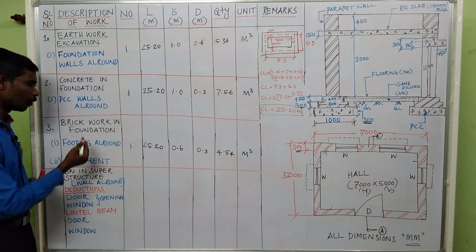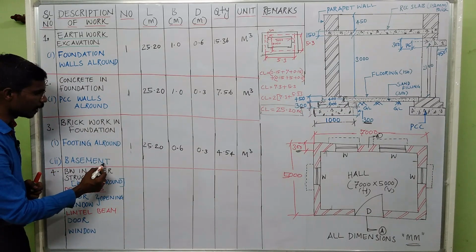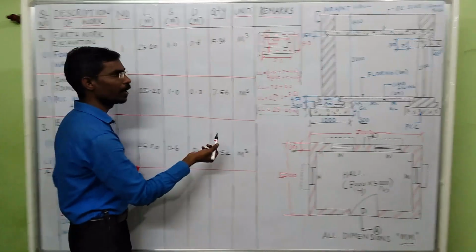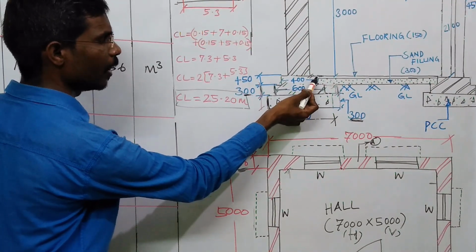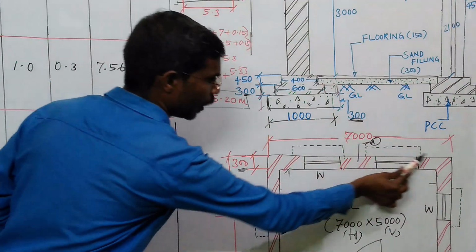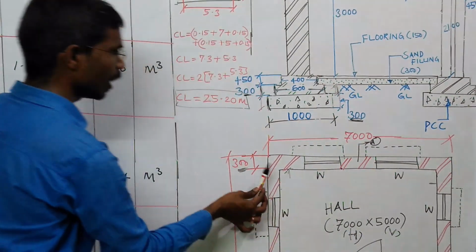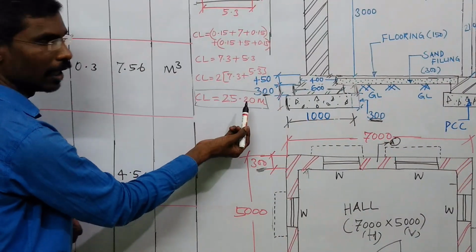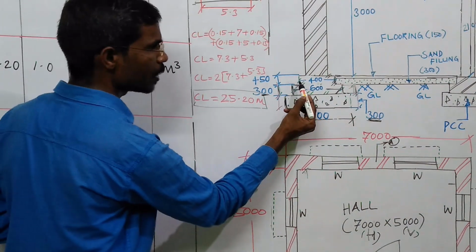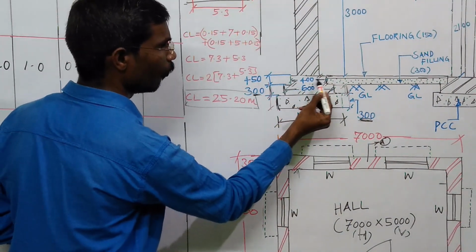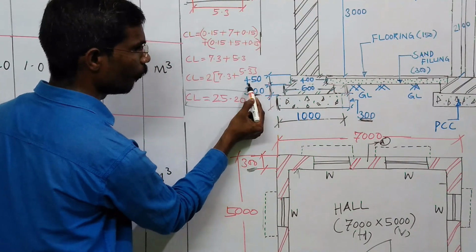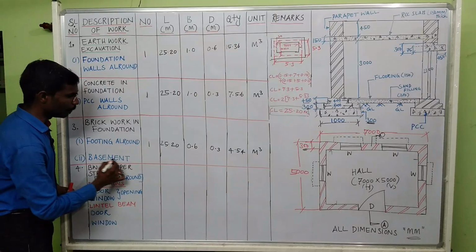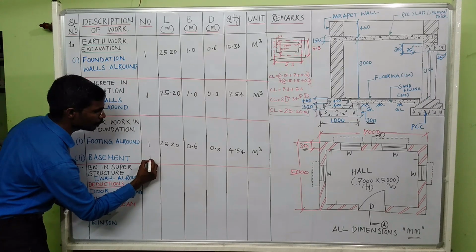The next brickwork in foundation is the basement. The basement means above the ground level footings, we can call it a basement. All round we are going to consider the basement. So the length is 25.2 only, but the breadth of the basement they gave is 400 mm. The height of the basement they gave is 450 mm. So the basement is only one basement.